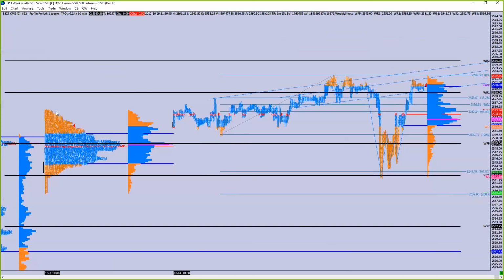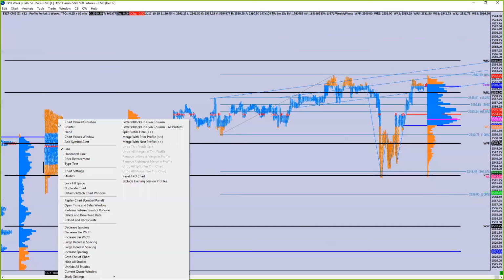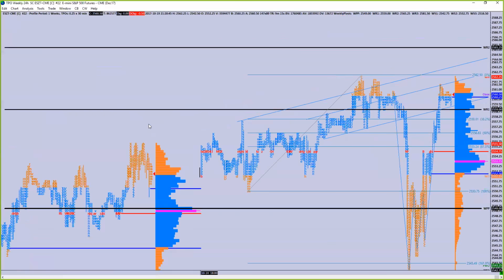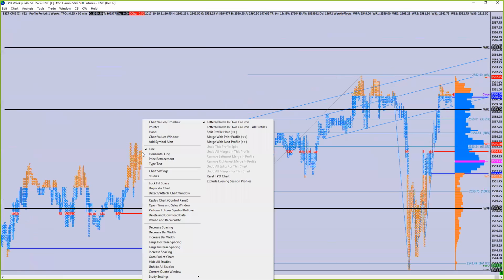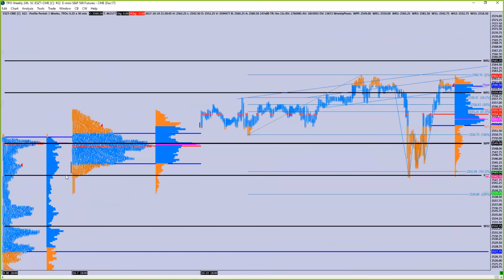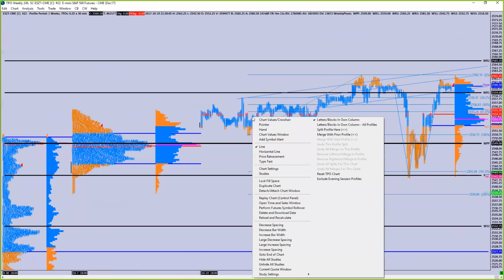Is that what you're asking? Yes. Okay, so you right click on it and letters blocks an ohm column, separates it out, put them back if you want. You can squish them all together if you want.